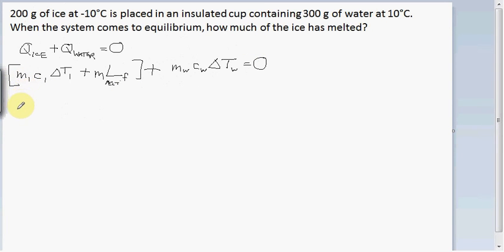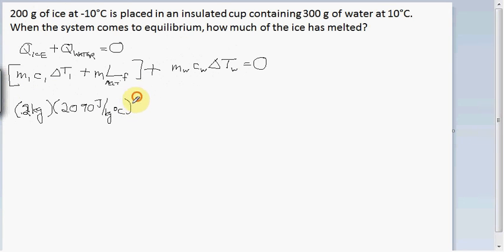The mass of the ice is 0.2 kilograms. I'm using kilograms because the value I'm going to use for the specific heat has kilograms in it, and the units have to cancel out. The specific heat of ice, if we look it up in our textbook, is 2090 joules per kilogram degree Celsius.